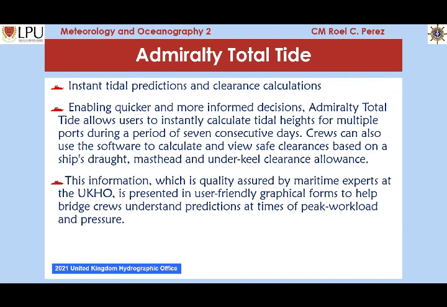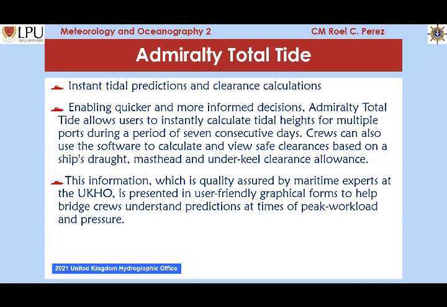Admiralty Total Tide allows users to instantly calculate tidal heights for multiple ports during a period of 7 consecutive days. Crews can also use the software to calculate and view safe clearances based on ship's draft, masthead, and underkeel clearance allowance.